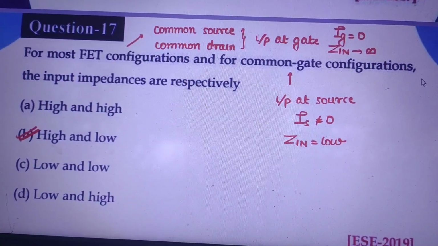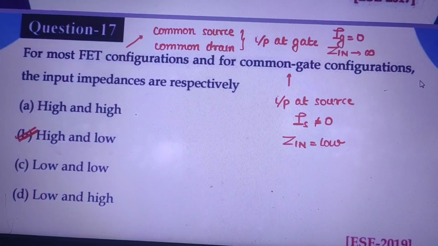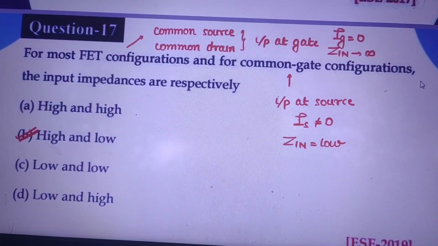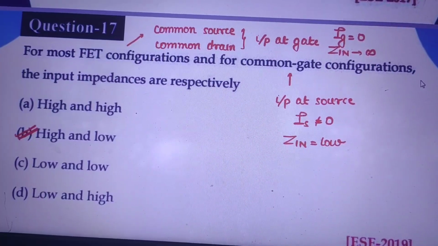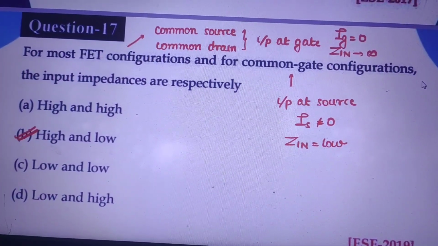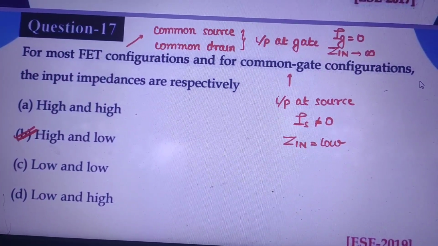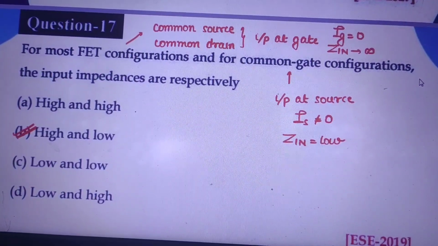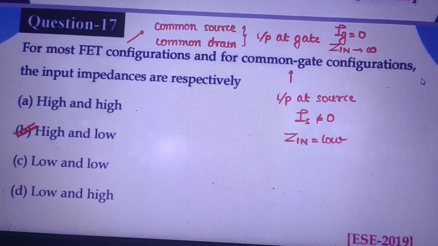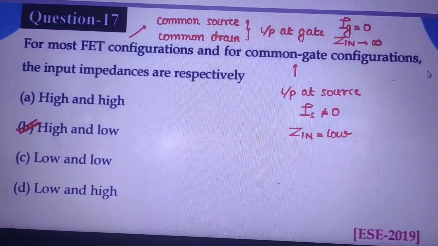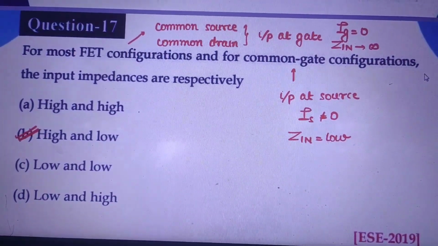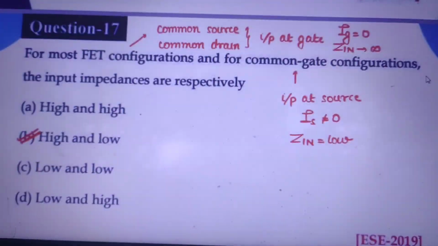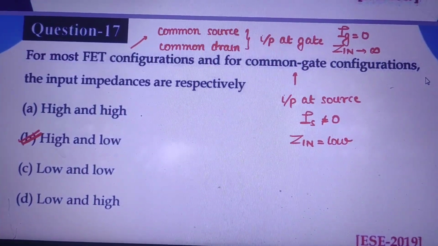The input gate current will be 0, so input impedance will be high. For common gate, the input is at the source and the source current is not equal to 0, so input impedance is low. So finally, for FET configuration input impedance is high, and for common gate configuration input impedance is low.